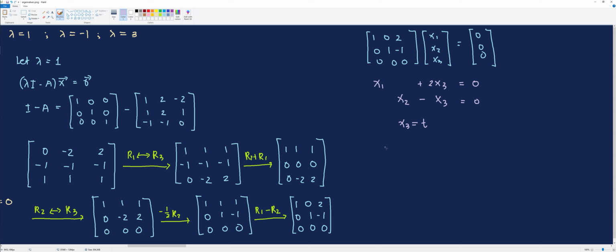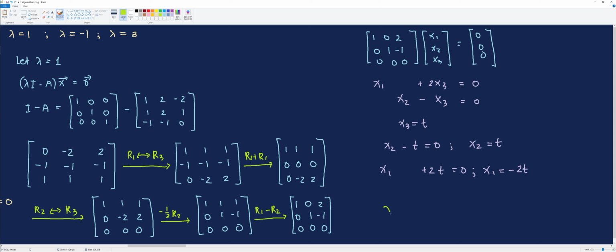Subsequently, x sub 2 minus t equals 0, so x sub 2 is also equal to t. For the first equation, x sub 1 plus 2 times x sub 3, which is t, is equal to 0. From there, we can say that x sub 1 is equal to negative 2t.